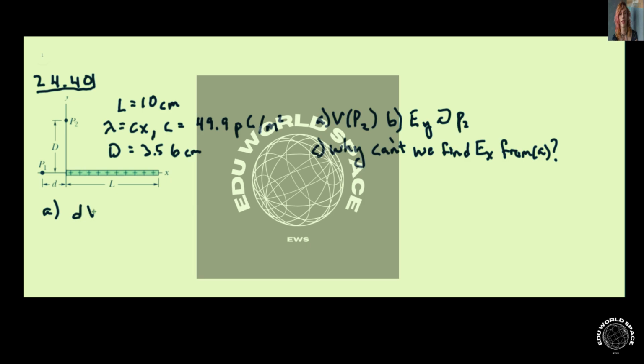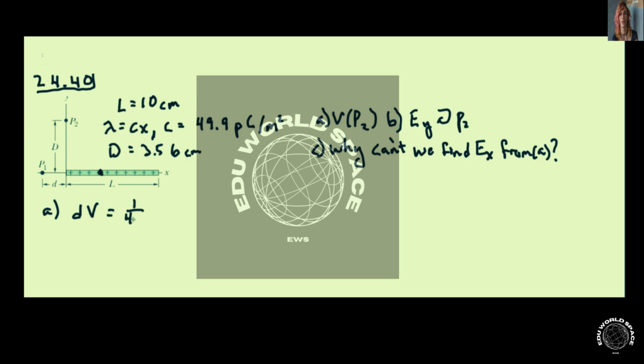So our element of voltage from some point on the rod, and I should remark before we get any further that this is with the usual convention that somewhere out here at infinity the potential is zero. So this is 1 over 4 pi epsilon naught dq over r.